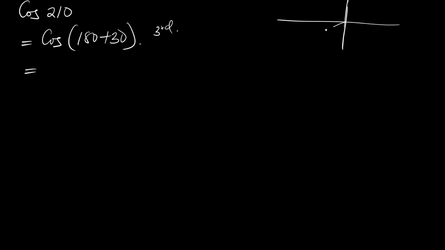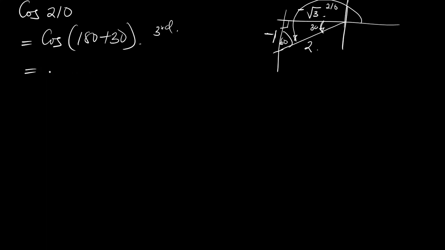Now, it falls here. Here is 30. Here is 60. Here is 90. So this one is 2. This one is 1. Then this is root 3. Now, this one is minus 1. This one is minus root 3. Now, why from here to here is 210, while only from here to here is 30?